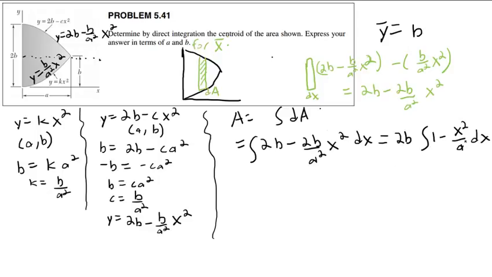So then that will be 2b times x minus x to the third over 3a squared, evaluated from 0 to a.